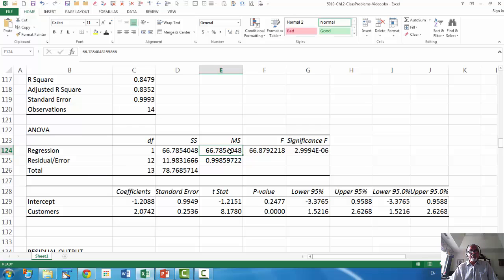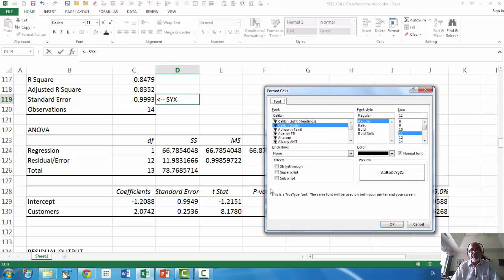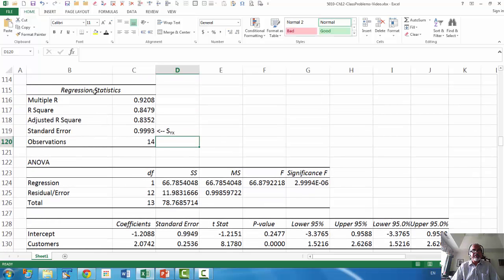So this is our MSR, this is our MSE. You take the square root of that, and that's your standard error. So here is that standard error, S sub yx. So you can get the value of S sub yx from the data analysis regression results also.